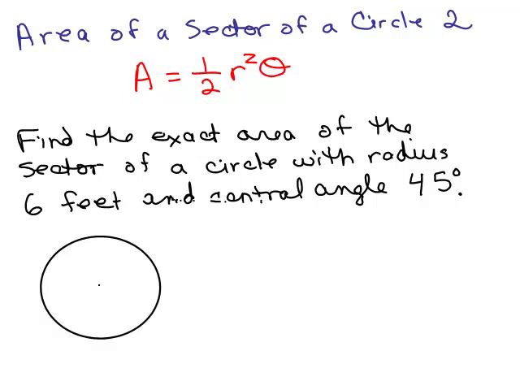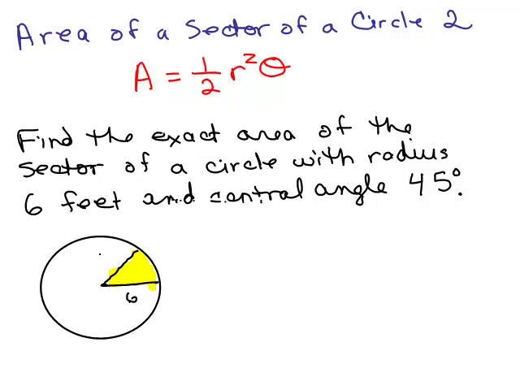So I have this circle where I have a radius of 6 feet, so this is 6, and I'm at a 45-degree angle. So here's a 90, let's see, so 45 is about like this, and I am trying to find this shaded part right in here, okay? So I'm going to figure this out without using the formula first.